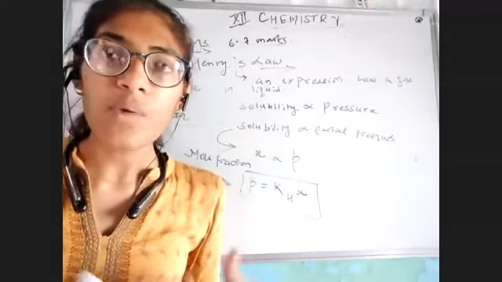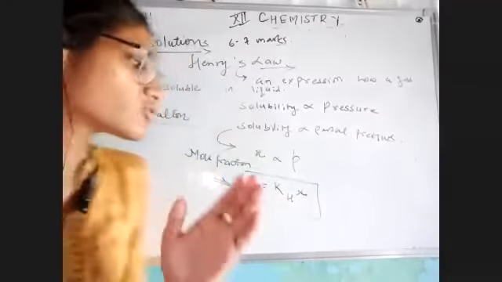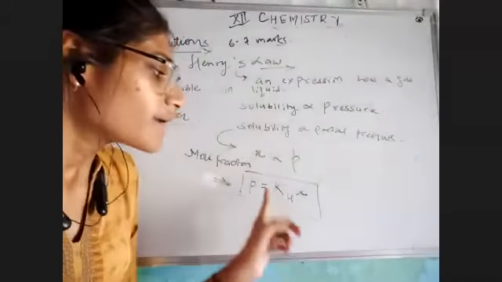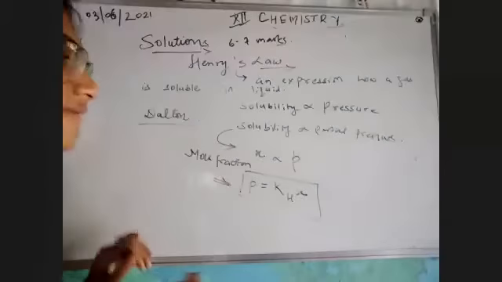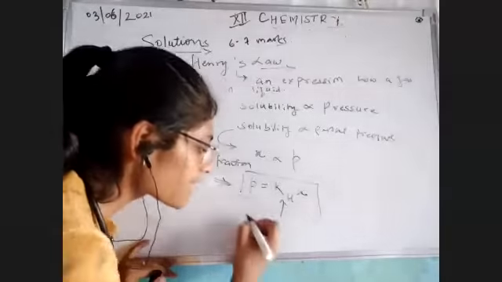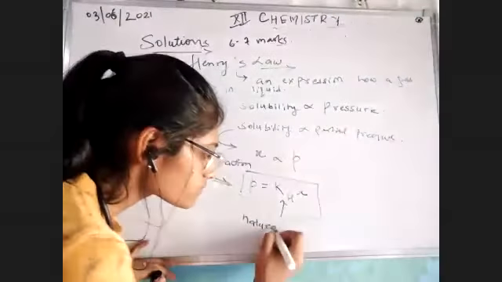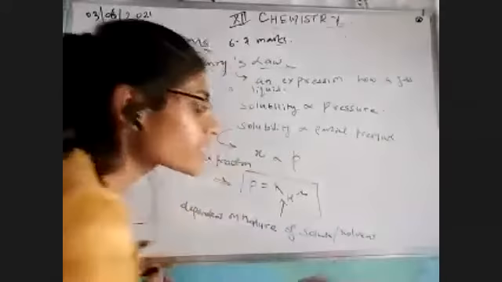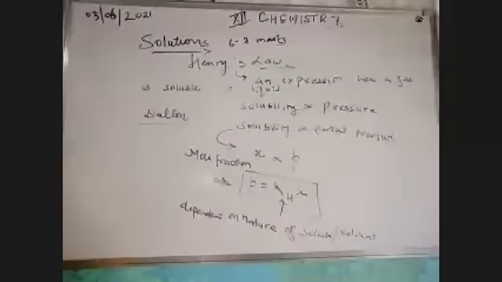Now, you do not need to remember the values of KH, because KH is dependent upon the nature of the solute or solvent. That means it depends on which gas is dissolving into it, or which kind of solution we are taking.